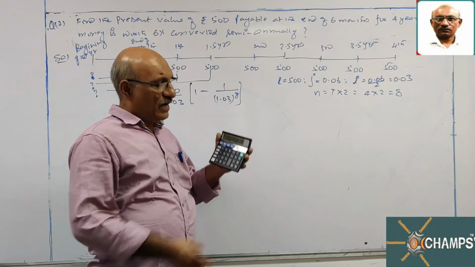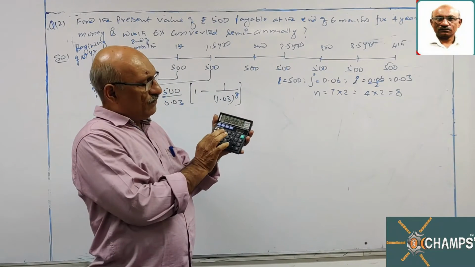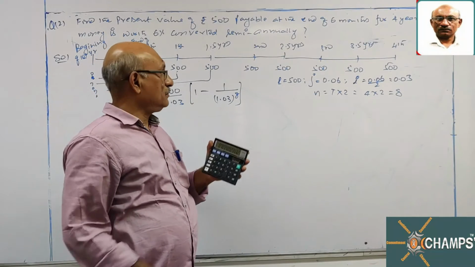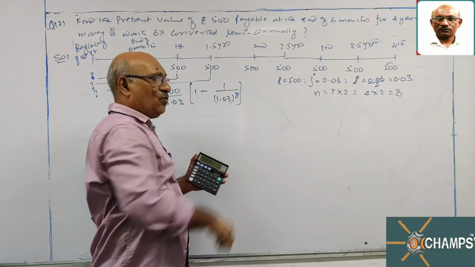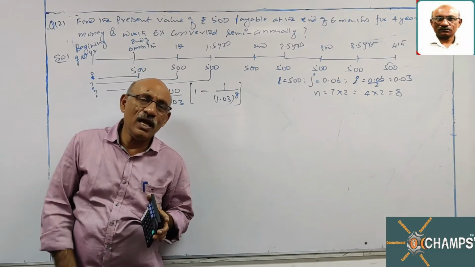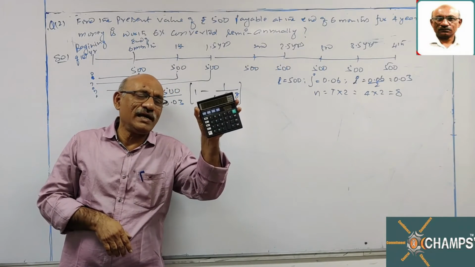So this is simplified, and I have to store it in memory. So M plus button. After that, 1 divided by MRC is equal to. This whole value 1 divided by 1.03 whole power 8 is simplified.